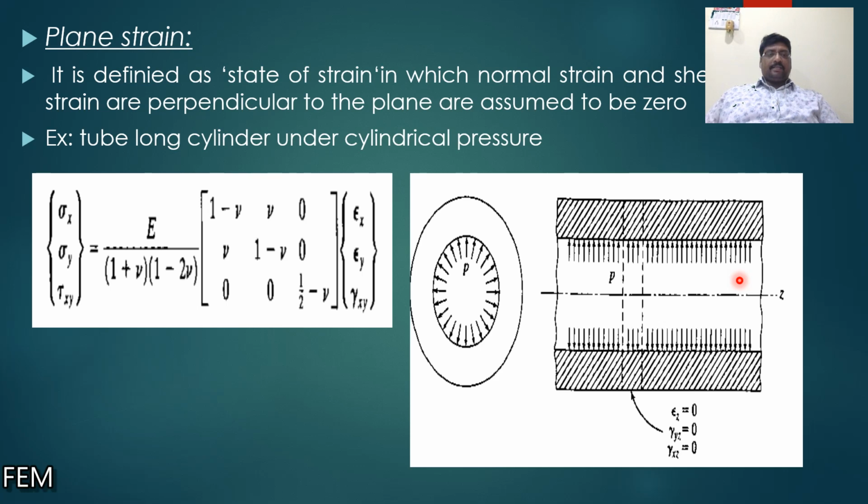Here, 0 never states that no strain or stress is developed in that particular direction. The 0 only means that the stresses or strains developed in that particular direction are negligible.